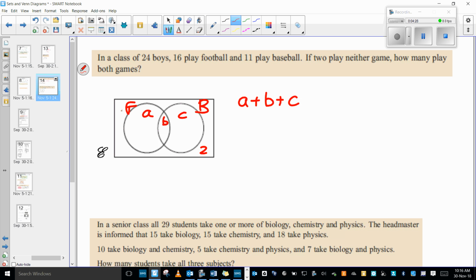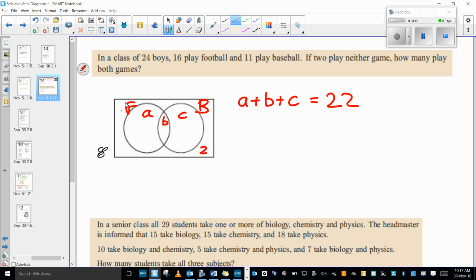What would that equal? Jamie? 24. How do you get that? Because then it could do not play. Good, awesome. So you're all happy with that?